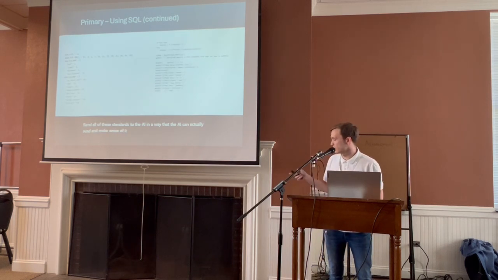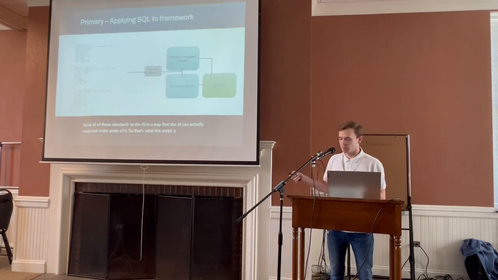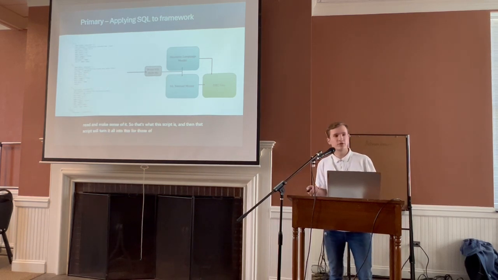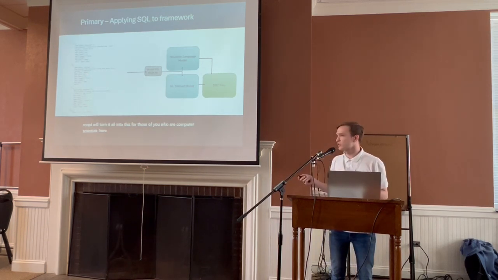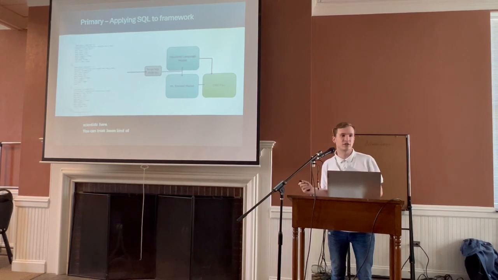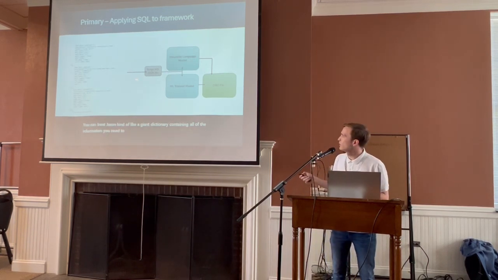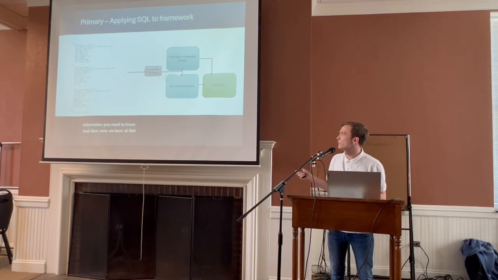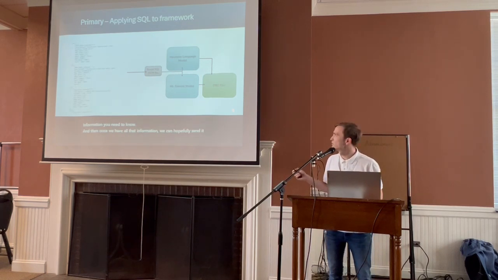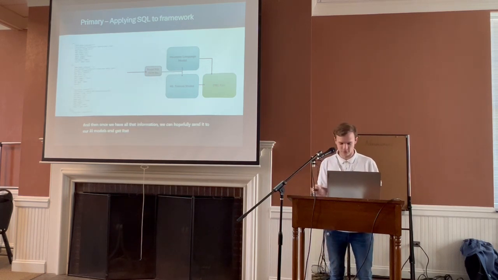So that's what this script is. And then that script will turn it all into this. For those of you who are computer scientists here, you can treat JSON kind of like a giant dictionary containing all of the information you need to know. And then once we have all that information, we can hopefully send it to our AI models and get that DBC file we're looking for.